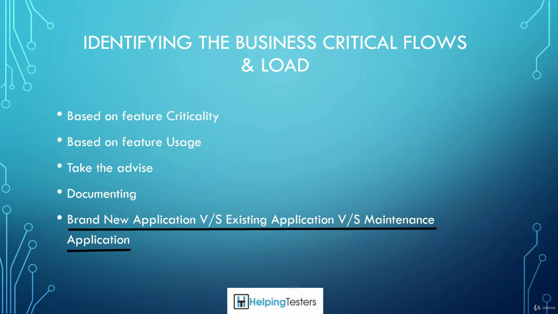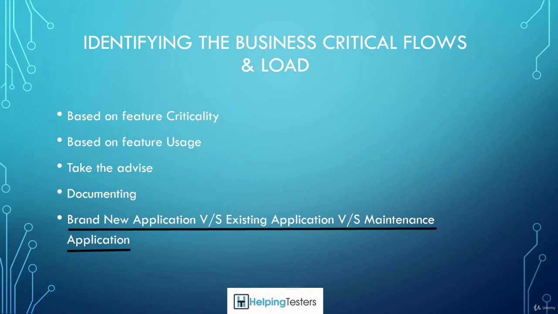Let's say we start the business critical flows with 100 users, and we keep multiplying and see if the application deviates in terms of SLA or server resources. Based on that, we increase the load to double and see whether the application is stable or not.